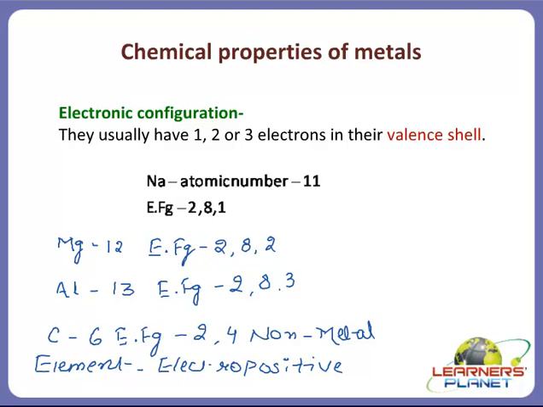Now lead, though lead has 4 electrons in its outermost orbit, still it is a metal. Why? Because its size is more. I will explain here that we have got carbon, silicon, germanium, tin, Sn, and lead.